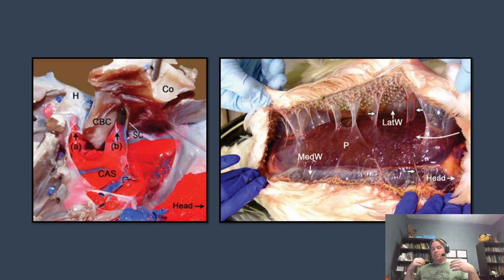And so when the bird flaps in flight and that wishbone squeezes, it's thought that it actually pumps on the intraclavicular air sac, possibly helping to force air through the system of air sacs in the lungs. So it's a pretty interesting system. Essentially, that intraclavicular air sac, along with those bones, acts like a bellows, if you know what a bellows is. A bellows is an air pumping mechanism.